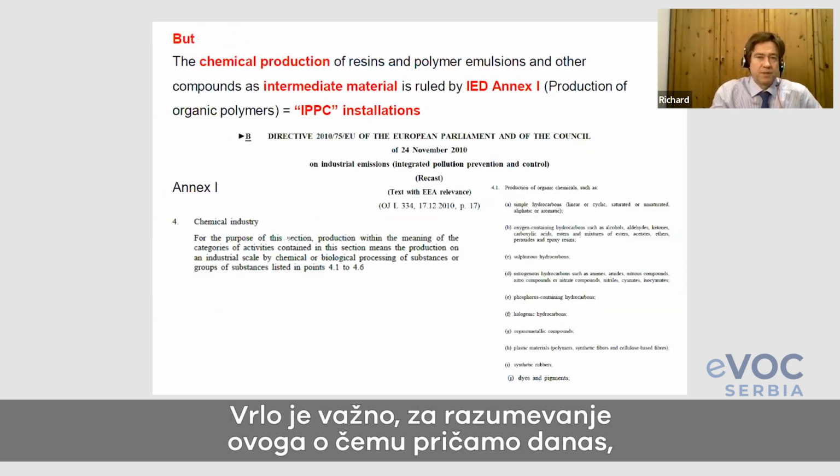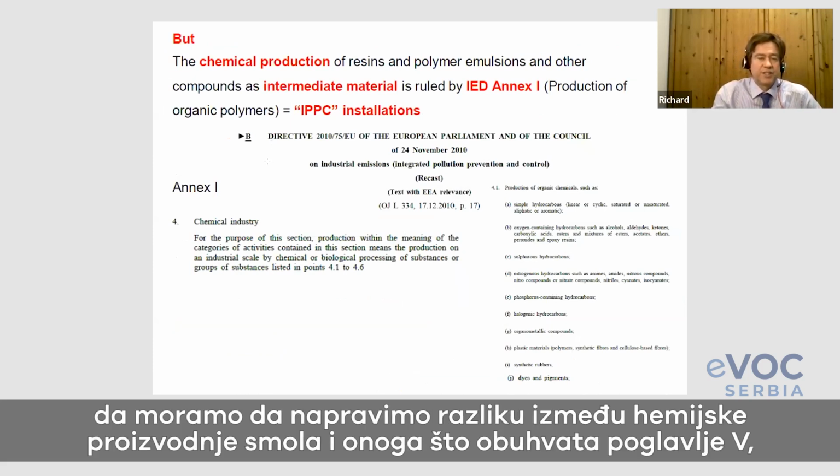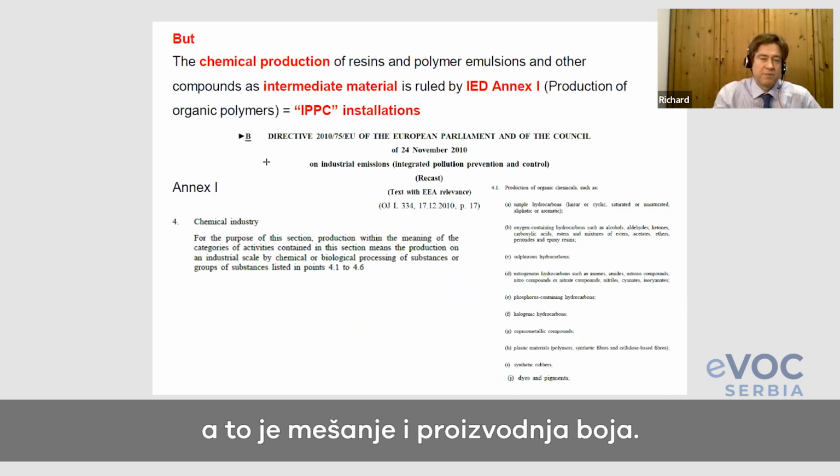So very important for the understanding today for all of us is that we must differentiate between the chemical production of resins or polymers, and what is meant in chapter 5, this mixing and manufacturing of the paints.